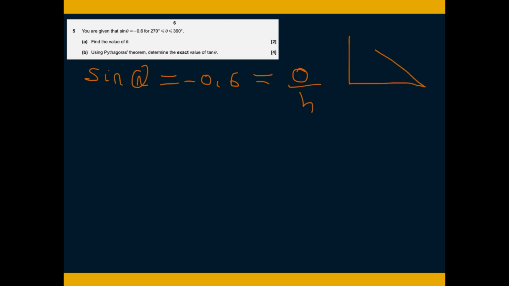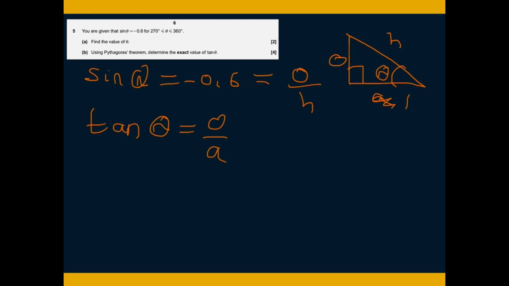So if we do a right angle triangle and we make this θ, then this is the adjacent, this is the opposite, and this is the hypotenuse. And in this circumstance, we can just make a equals 1 because the sine of any right angle triangle is always the same. Now, we're looking for tan θ, and tan θ equals the opposite over the adjacent.